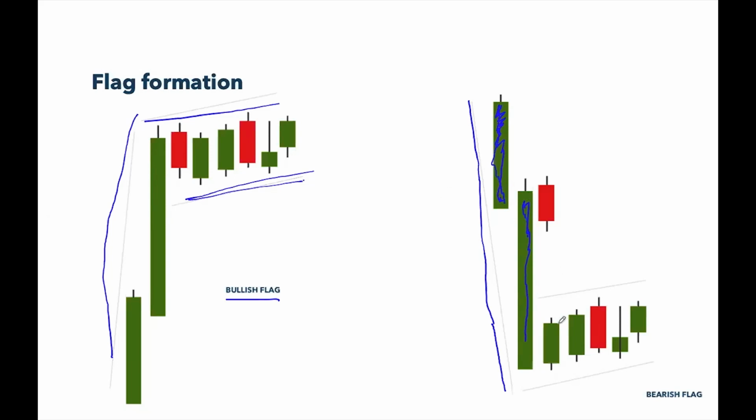After that the consolidation happens in this range, and usually after this the fall will continue. So this is called the bearish flag. Once this consolidation happens and the stock is not moving, it will start falling again. In case of bullish, after a breakout there would be a consolidation and an upward movement will be created again.